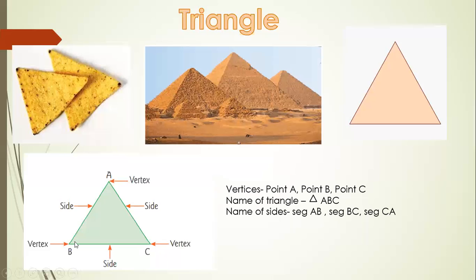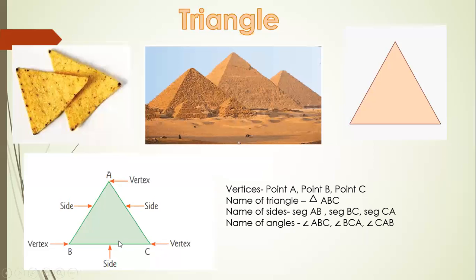So these 3 sides are named segment AB, segment BC and segment CA. You can name them as segment AC, segment CB and segment BA as well. So how many sides do we have in a triangle? 3 sides. Now how many angles do we have? 3 angles.